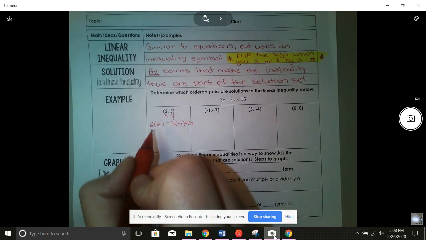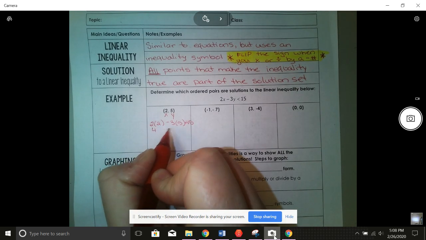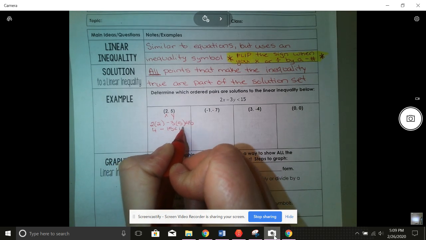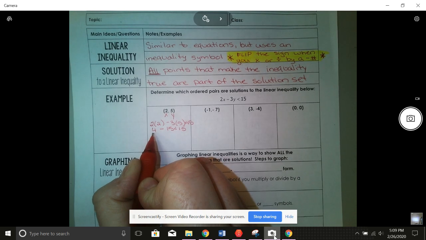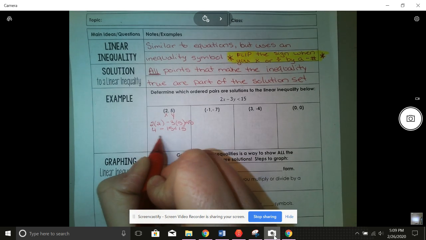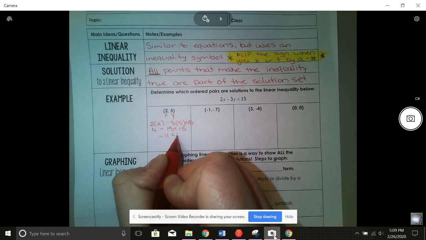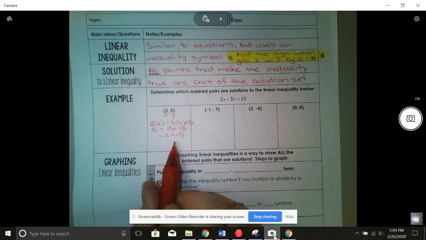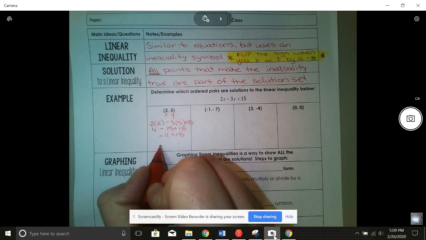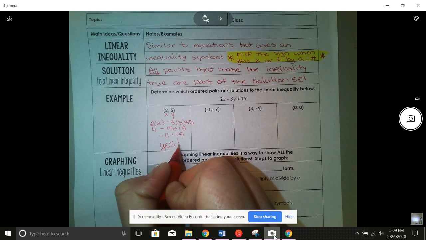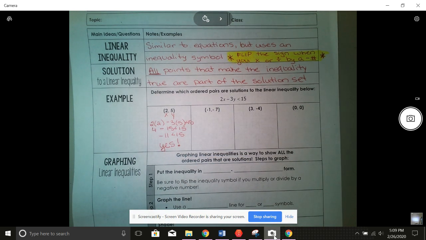So let's do a little arithmetic. 2 times 2 is 4, minus 3 times 5 is 15. 4 take away 15 is negative 11. And negative 11 is less than 15. So yes, this is a solution to this inequality.